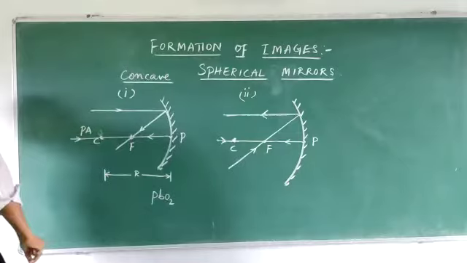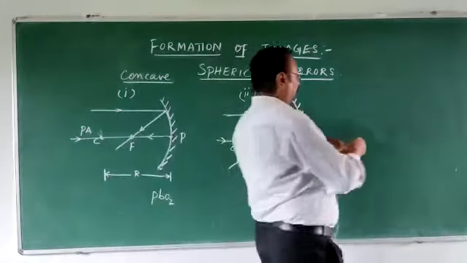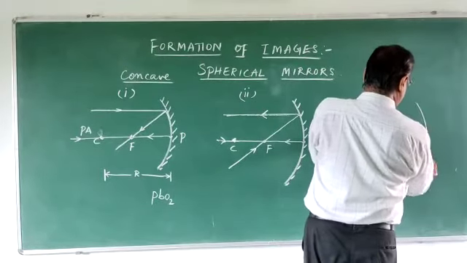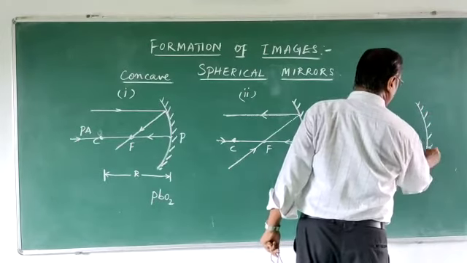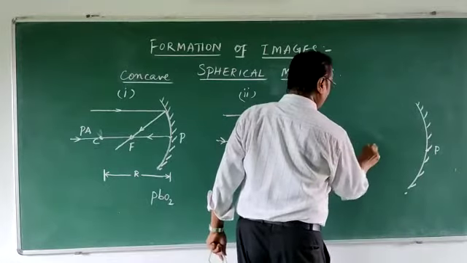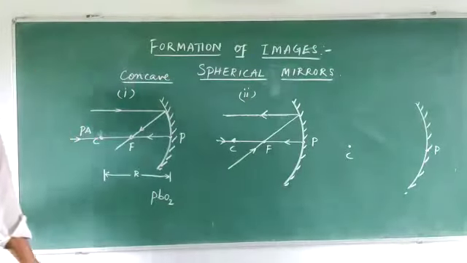Now, there is one more ray which we can also use for the image formation, and that ray is something like this, right? Again a concave mirror. Fine. The center point of the concave mirror is the pole, and then the center of curvature. This is a ray diagram. This is geometrical optics.